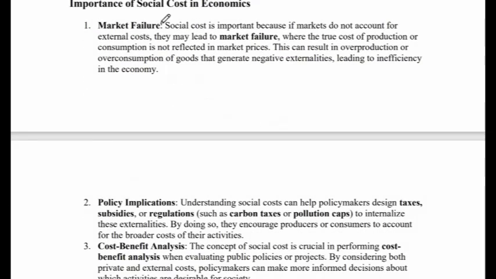Importance of social costs in economics. Market failure. Social cost is important because if markets do not account for external costs, they may lead to market failure, where the true cost of production or consumption is not reflected in market price. This can result in overproduction or overconsumption of goods that generate negative externalities, leading to inefficiency in the economy.